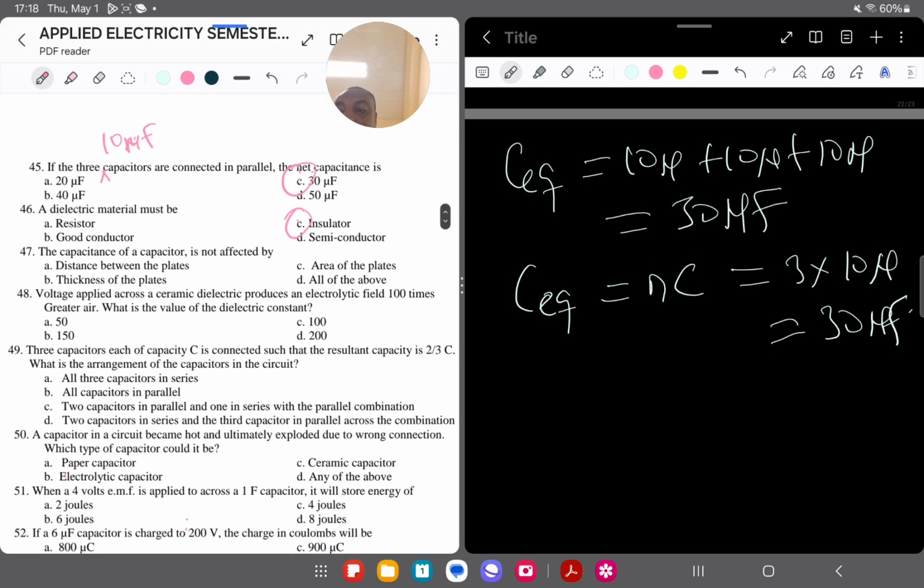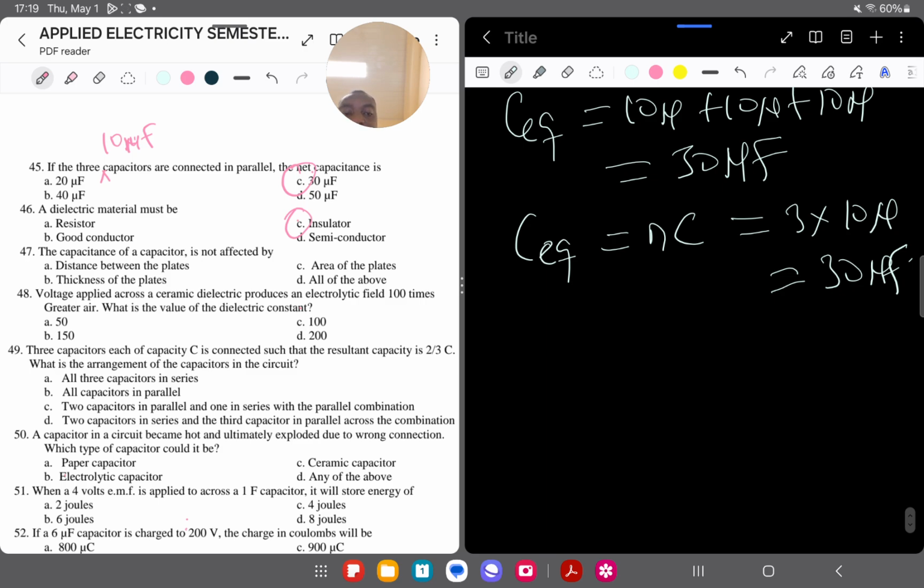So you see, the capacitance of a capacitor is not affected by A, distance between the plates. So let me write here. Let's say you have a capacitor. The symbol for a capacitor comes from a simplification of 2 parallel plates.